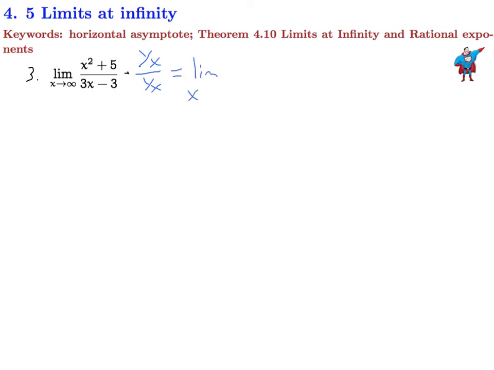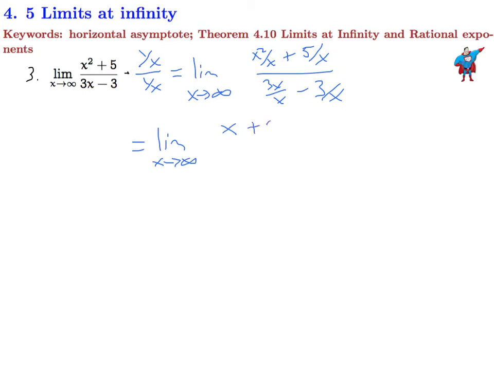This becomes the limit as x approaches infinity of x squared over x plus 5 over x all over 3x over x minus 3 over x, which simplifies down pretty nicely into x plus 5 over x over 3 minus 3 over x. Now in this case, the last two terms as we approach infinity are both going to go off to 0.